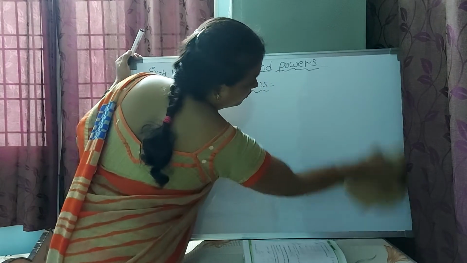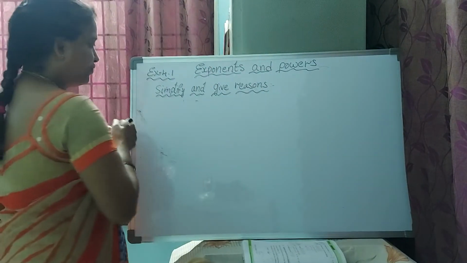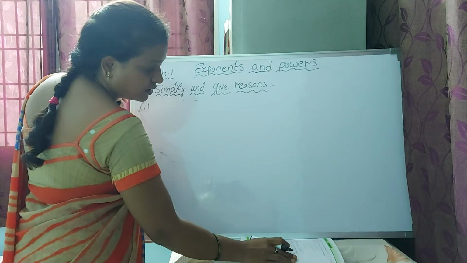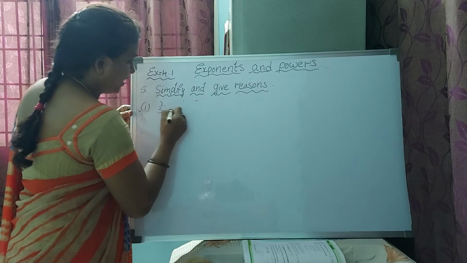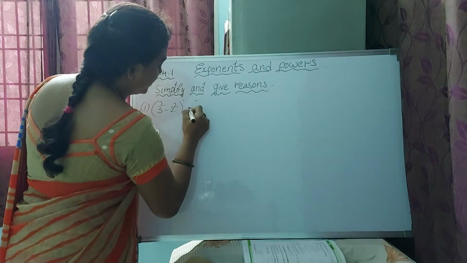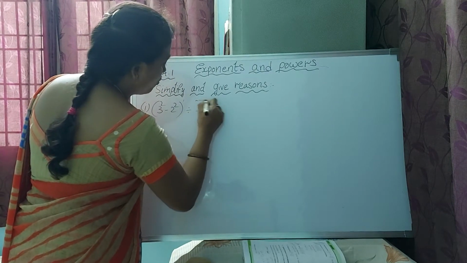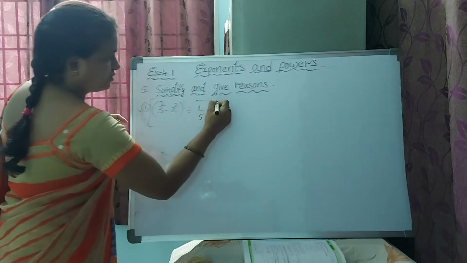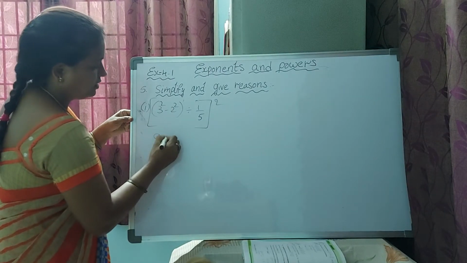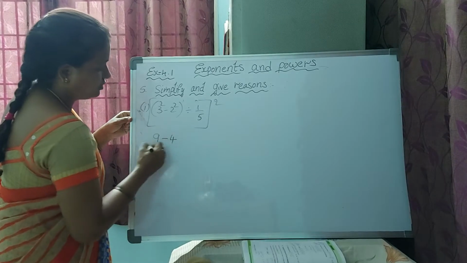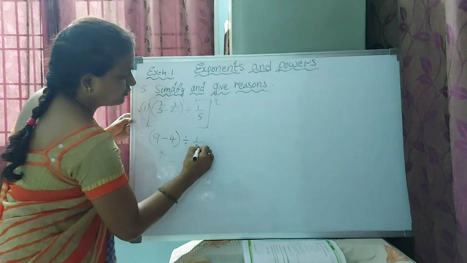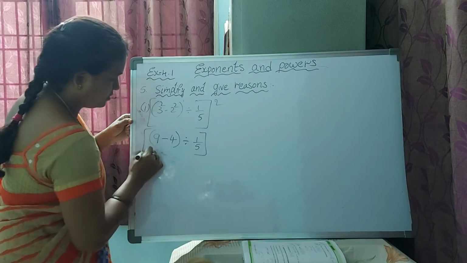In fifth one, two problems are there. First one: 3 square minus 2 square whole divided by 1 by 5 whole square, whole square. See here, 3 square means 3 3s are 9. 2 square means 4, divided by 1 by 5 whole square.